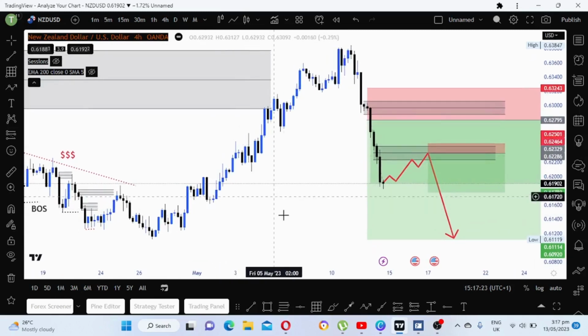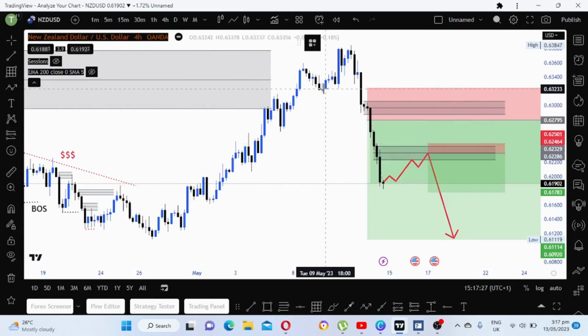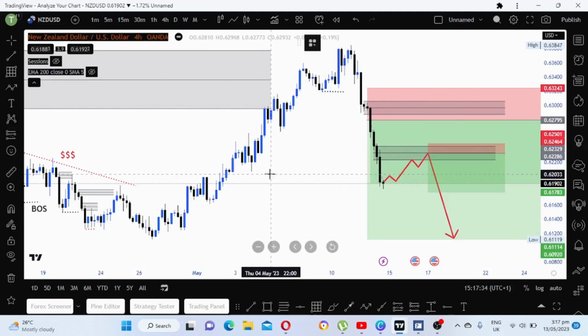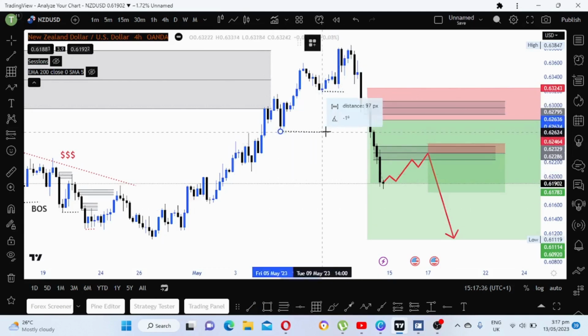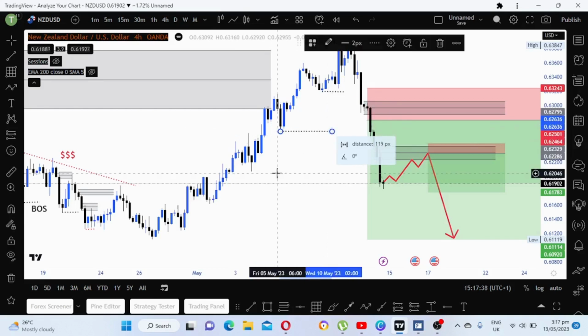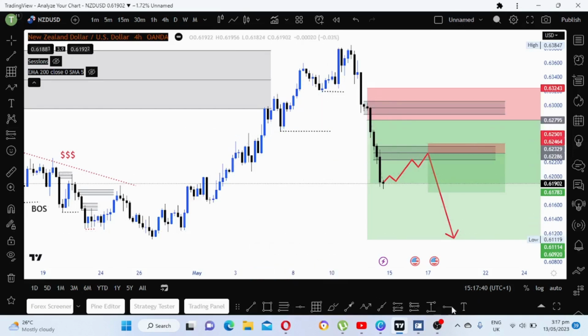As you can see, we had a change of character here. This is the change of character, a minor change of character, and a higher change of character. This one, we had a shift.